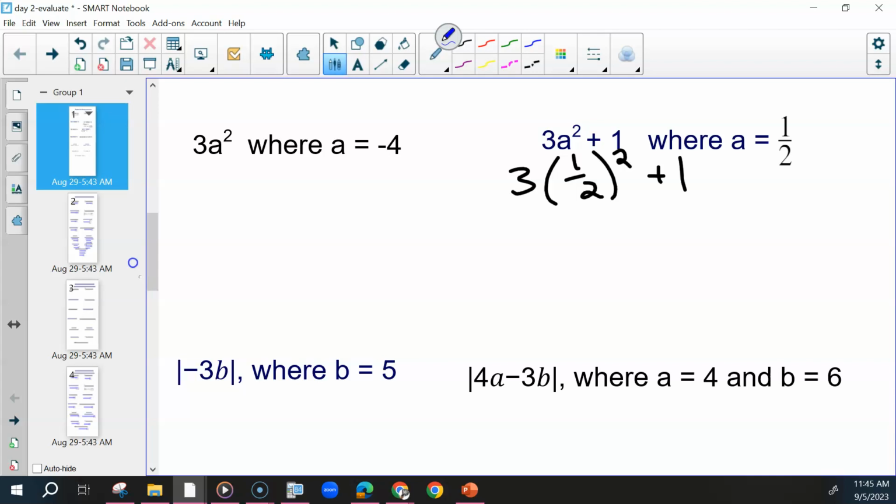The exponent. So then what would 1/2 squared be? Well, there's point something. 0.25. Because this one's 0.5. So when we square it, we're really squaring both of these things.